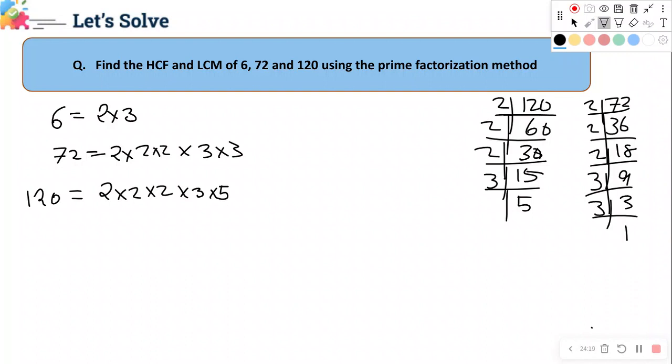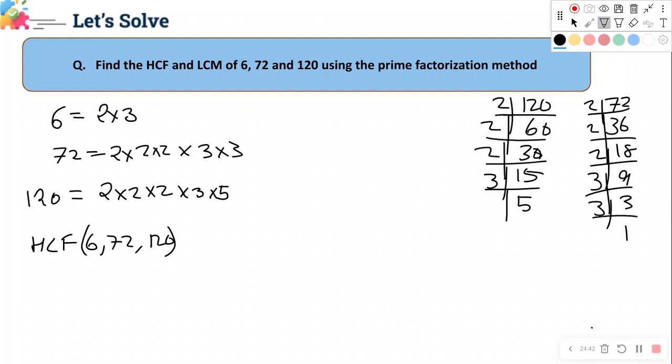ठीक है, अब फाइंड आउट करते हैं HCF और LCM. ओके, HCF of 6, 72 and 120. याद रखो, आप कोई भी मेथड से इनका वो HCF into LCM is equals to A into B वो नहीं यूज कर सकते यहाँ पे मेथड. ऑलराइट, अब देखो what are the common things.